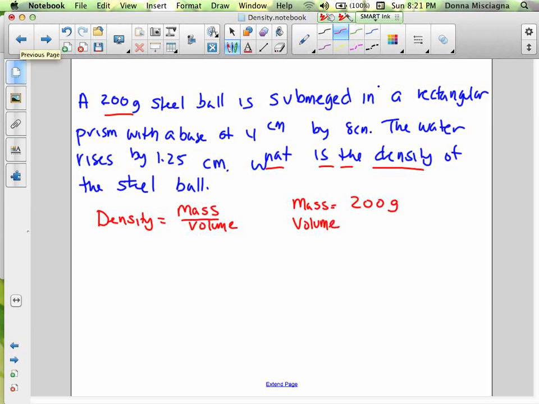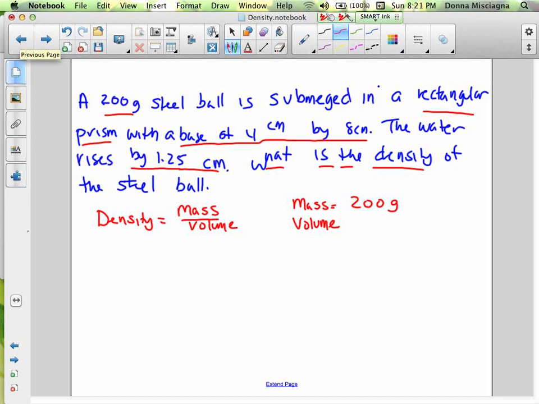Again, we're placing it in some water, but we're placing it in a very specific container. So our volume is the water that's in the rectangular prism with a base of 4 centimeters by 8 centimeters and a height of 1.25 centimeters, because that's how much the water rises.